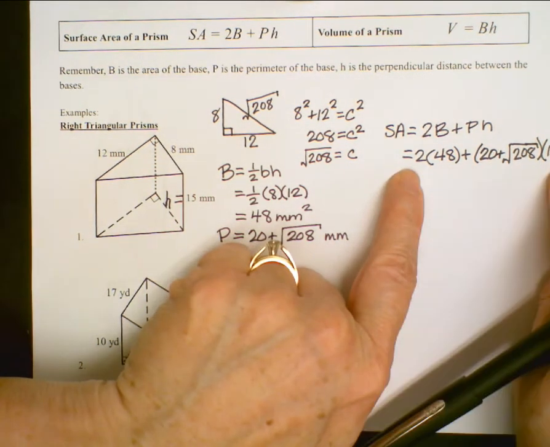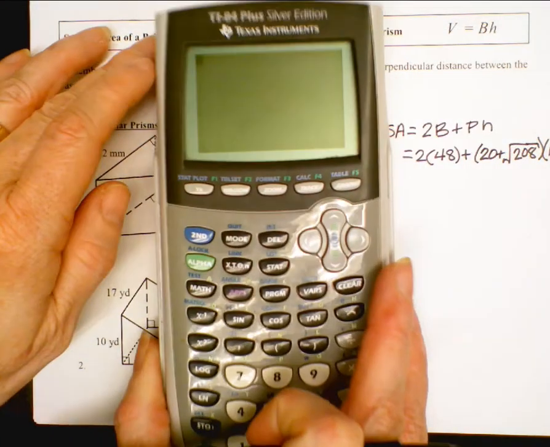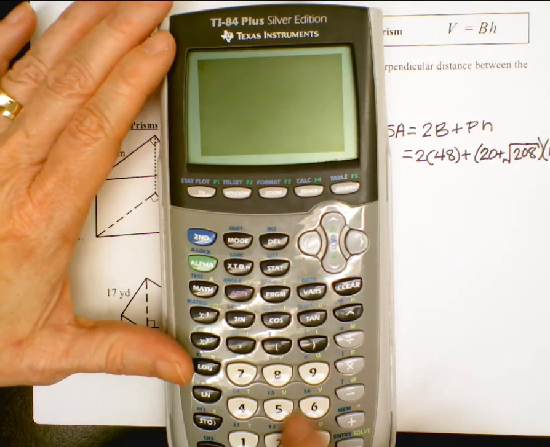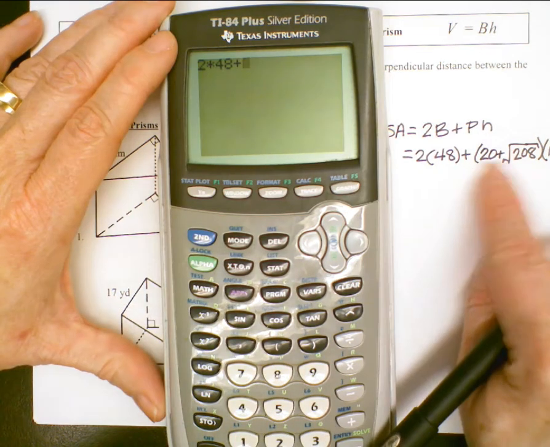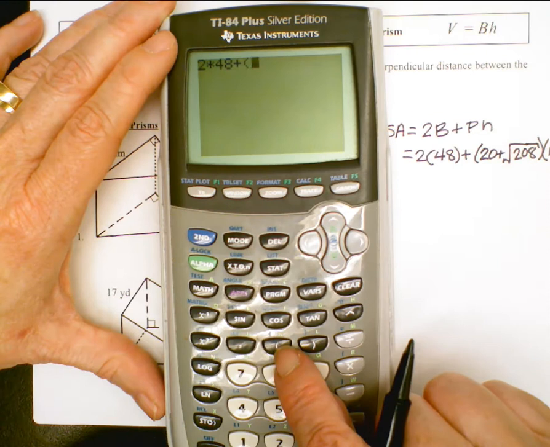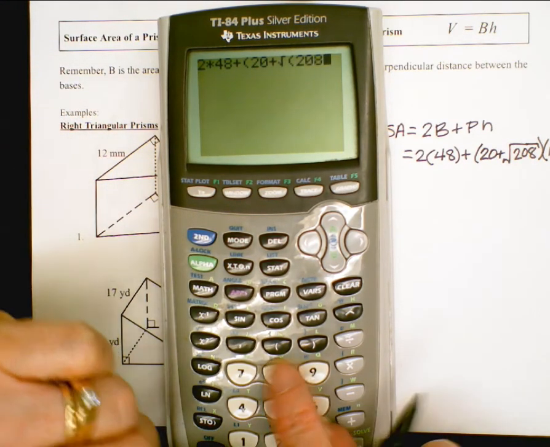Once we have all these values in place, then it's a matter of typing it into the calculator appropriately. So in this case, we'll type it in just as it appears, 2 times 48 plus, now because this is a quantity, I want to put it in parentheses, 20 plus the square root of 208.